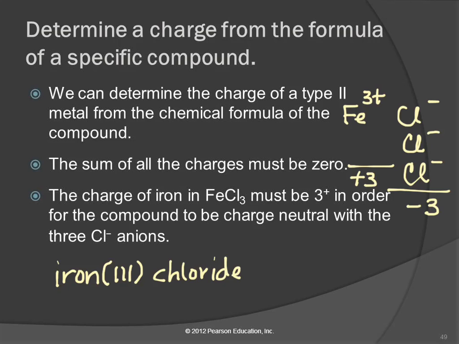I know it's "ide" because this is a non-metal by itself. So if it's a non-metal by itself, then it's an ion? Yeah, if it's just a single element. What we'll see is there's some polyatomic ions too. They often have oxygen in them. But if this was ClO3, that would be different. Yeah. Any other questions?